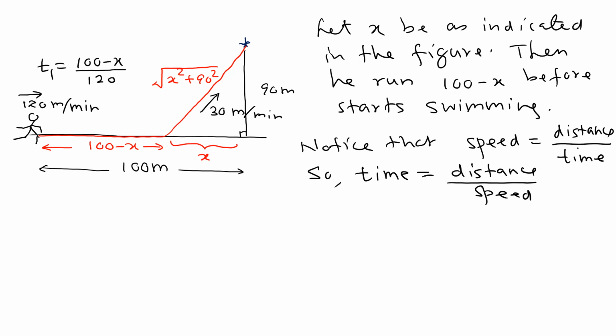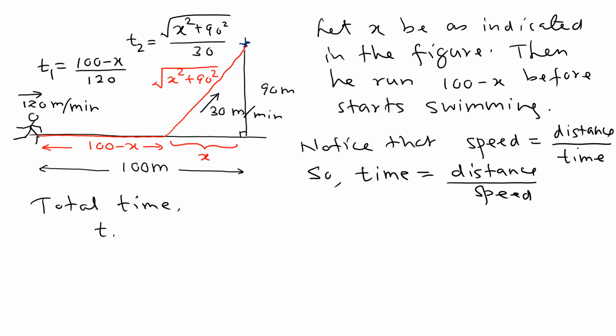And the other one is the square root of x squared plus 90 squared divided by 30, because that's the time. We can call this T2, the time it's going to swim. So the total time, which is T1 plus T2, we can call T of x, because it's a function of x.